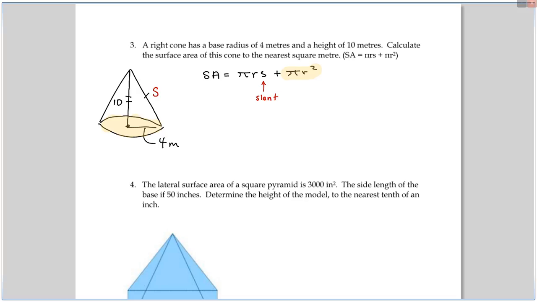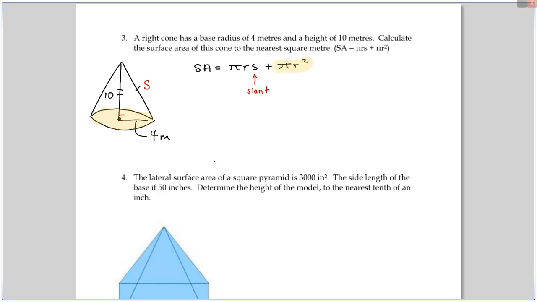So in order to find the length of that slant, what do you see in here? Very good, a right triangle. So on the side, you can quickly do a Pythagorean shortcut. Is it a long side or a short side? Long side. So we will end up adding. What are the two values? 10 and 4.